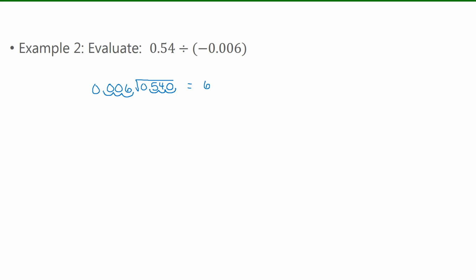So rewriting that, we have 6 into 540. 6 doesn't go into 5, but it does go into 54 9 times. I'll subtract that and get a 0. Bringing down the 0, still get 6 into 0, which is 0. And I'll end up with 0 remainder. Now for the sign. I have a positive divided by a negative. So my answer is going to be negative 90.